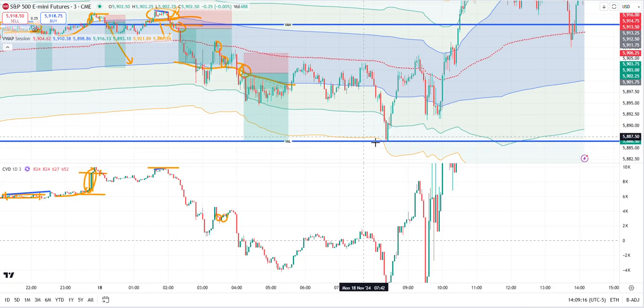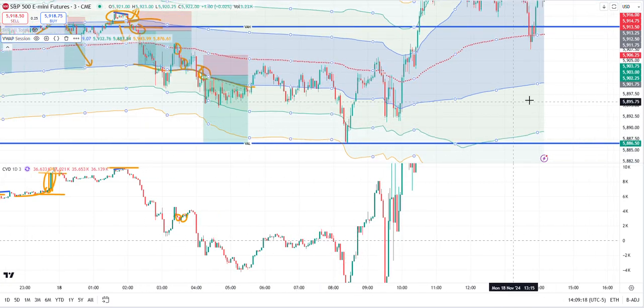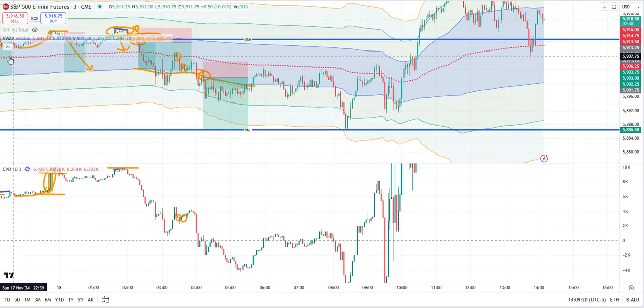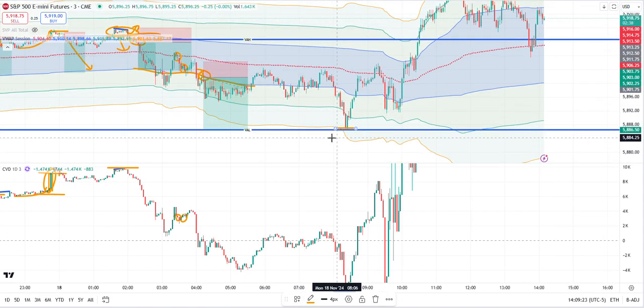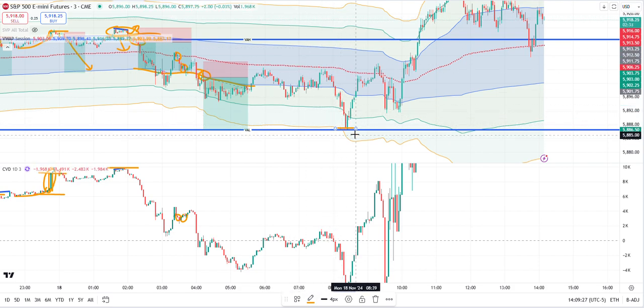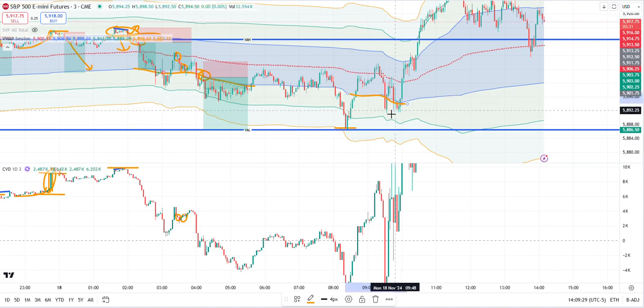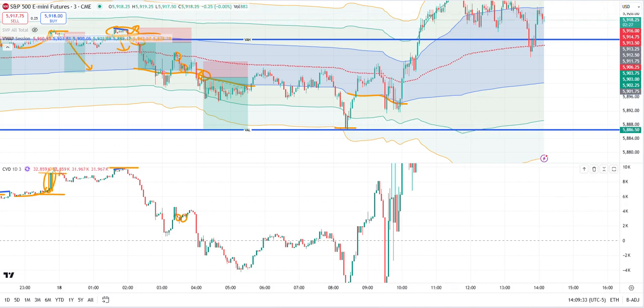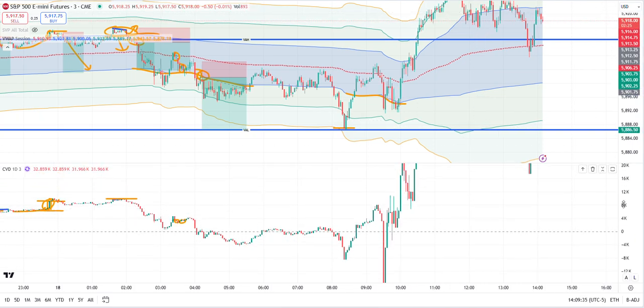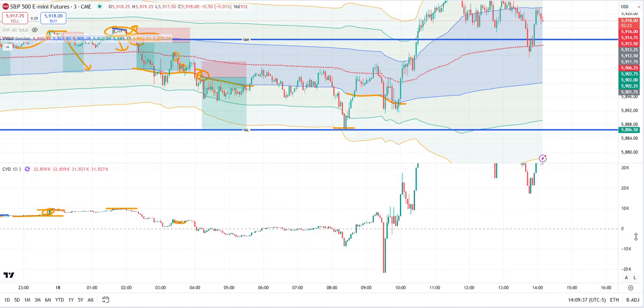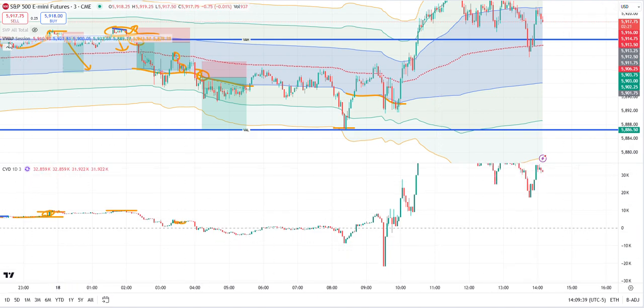Now, as soon as it hits value area low, we're shifting our bias. Because it's still inside, hasn't broken outside, so once it gets back into this VWAP, we shift to a long bias. And you can see here, big divergence on the lows.